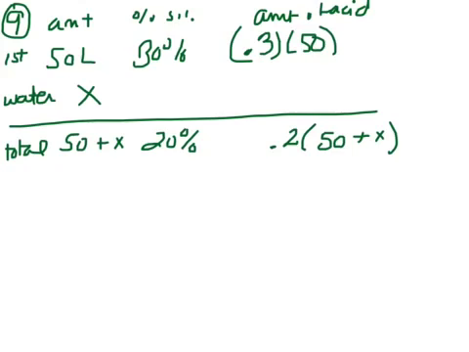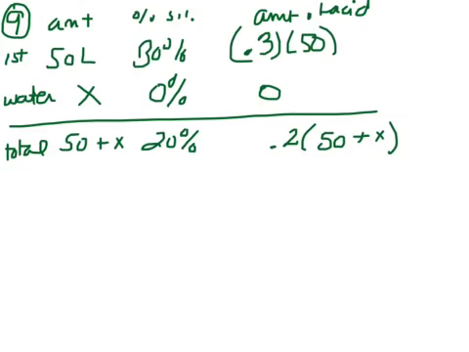How much percent acid is in the water? Well, no, it doesn't have any in it. Aren't we watering down an acid solution here, really? So the amount of acid in there would be 0 times X, which is 0, right? We have 0 acid in that amount of water. We're not adding any acid to it, but we're going to be watering down what we already have.